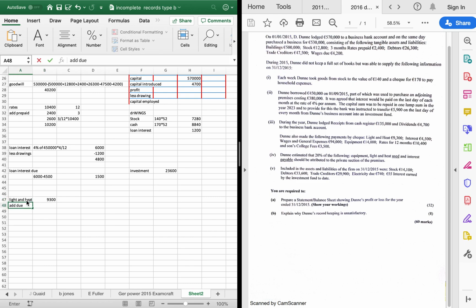Add the due at the bottom of 740. That gives you 10,040. Is there drawings on it? There is 20%.